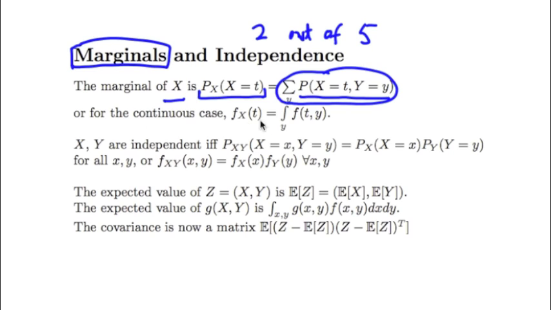In the continuous case, the summation is actually an integral. The PDF of X at the point t is given by the joint PDF of X, Y at t and y, integrated over all y.